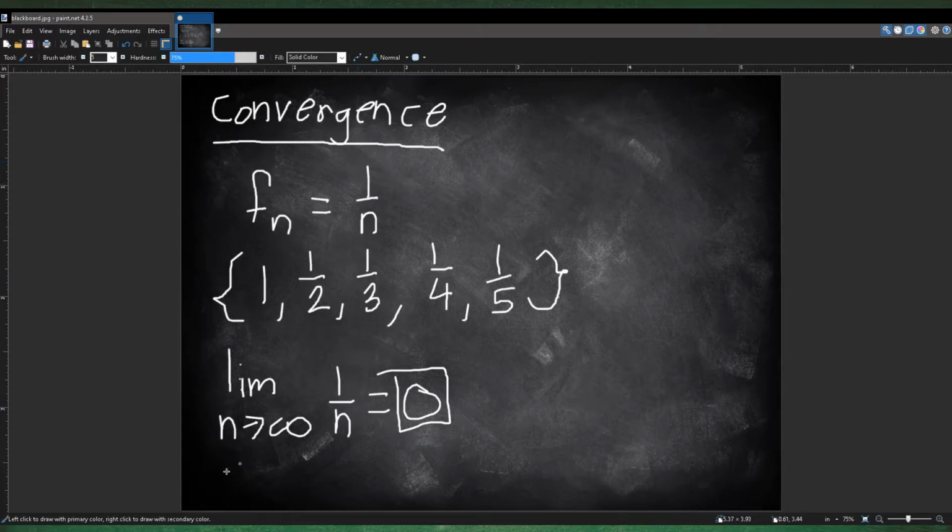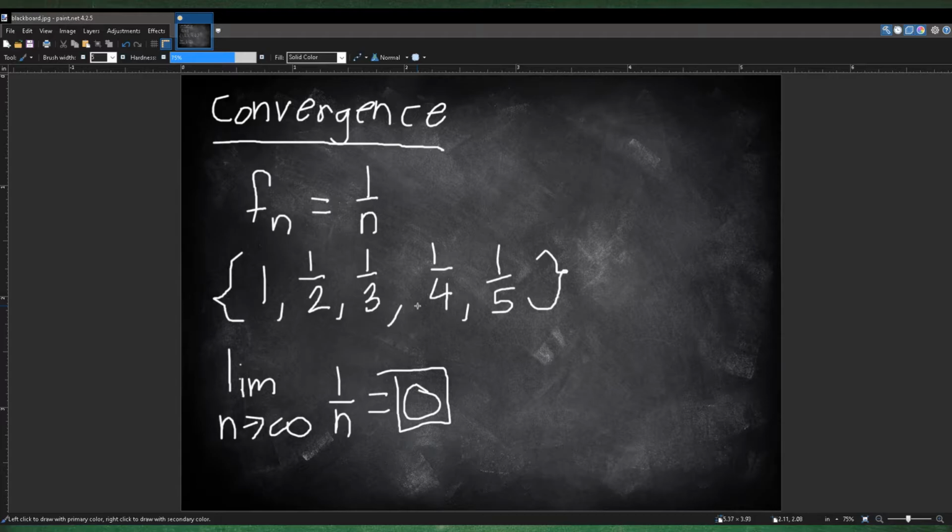If n represents the term number, and we have a lot of terms, and n is our last term, an infinitely large group of numbers, then the ending term would be 0. And that's the general idea for convergence.